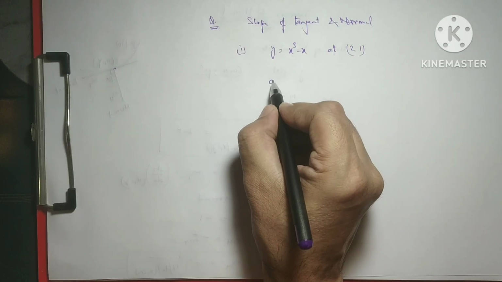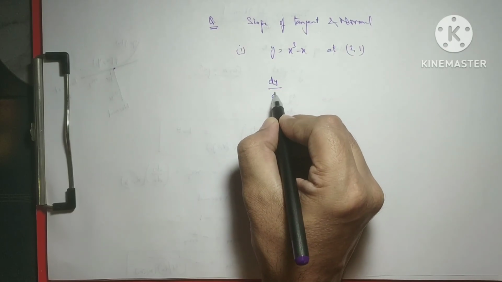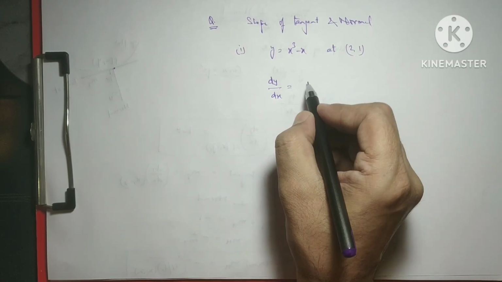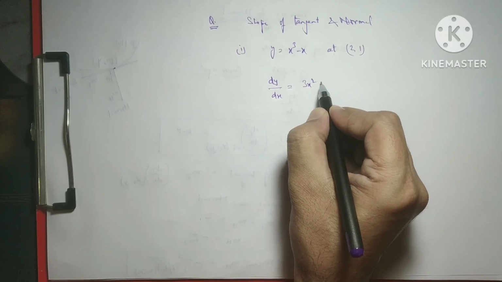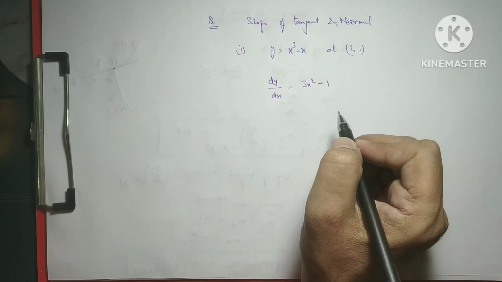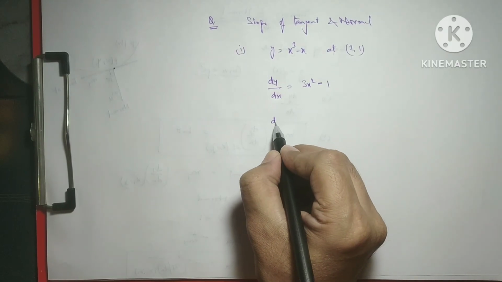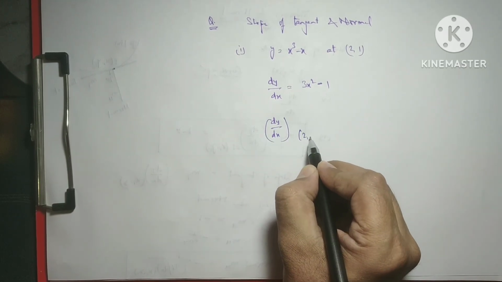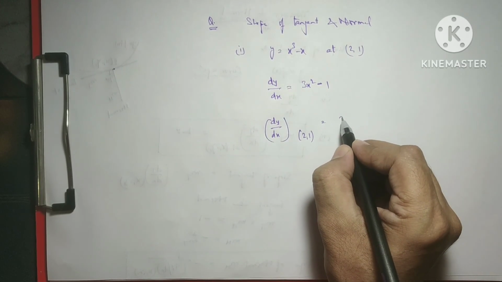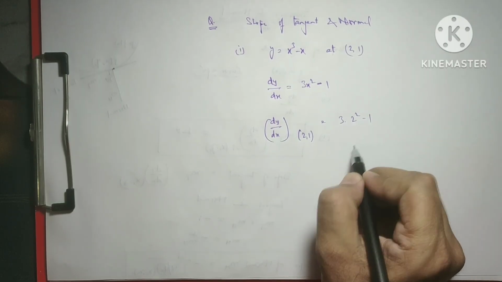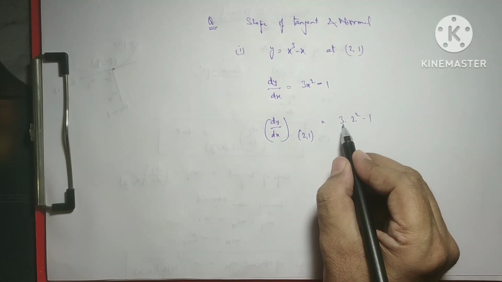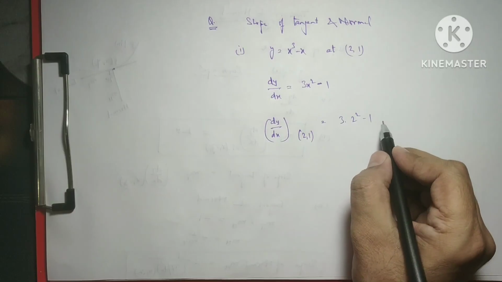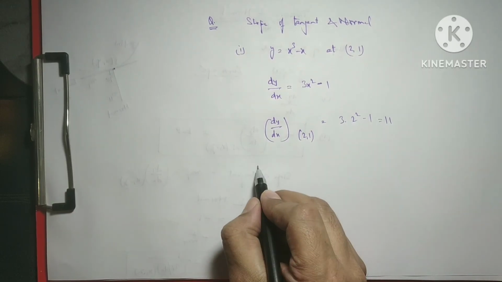So first we will obtain dy over dx, we will differentiate it, we get 3x square minus 1, and dy over dx at given point (2, 1) is 3 into 2 square minus 1, so it is 4, 4 into 3 is 12, 12 minus 1 is 11.